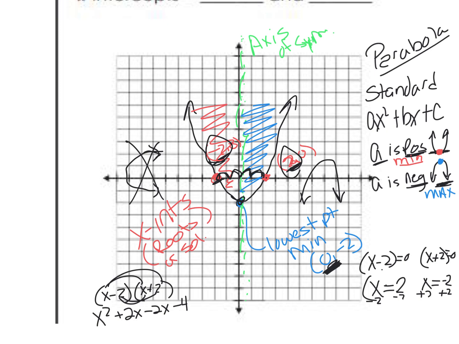So my equation would be x squared, and 2x minus 2x is 0x, minus 4. Let's simplify that so I don't need to write the 0x. This would be my equation, y equals x squared minus 4.